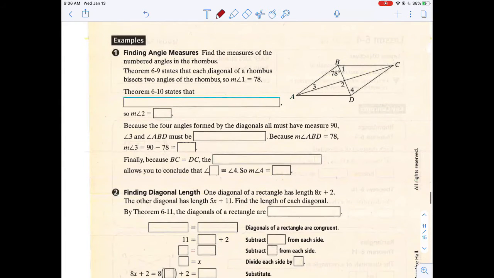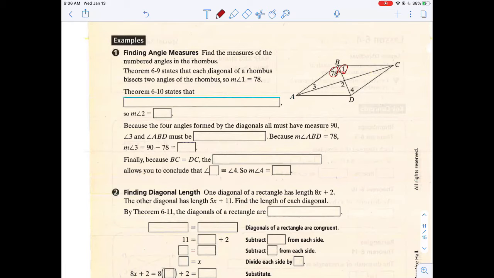Okay, so let's look at some examples. Finding angle measures. Find the measures of the numbered angles in the rhombus. Theorem 6.9 states that each diagonal of a rhombus bisects two angles of the rhombus. So the measure of angle 1 is 78, since this is bisected here.